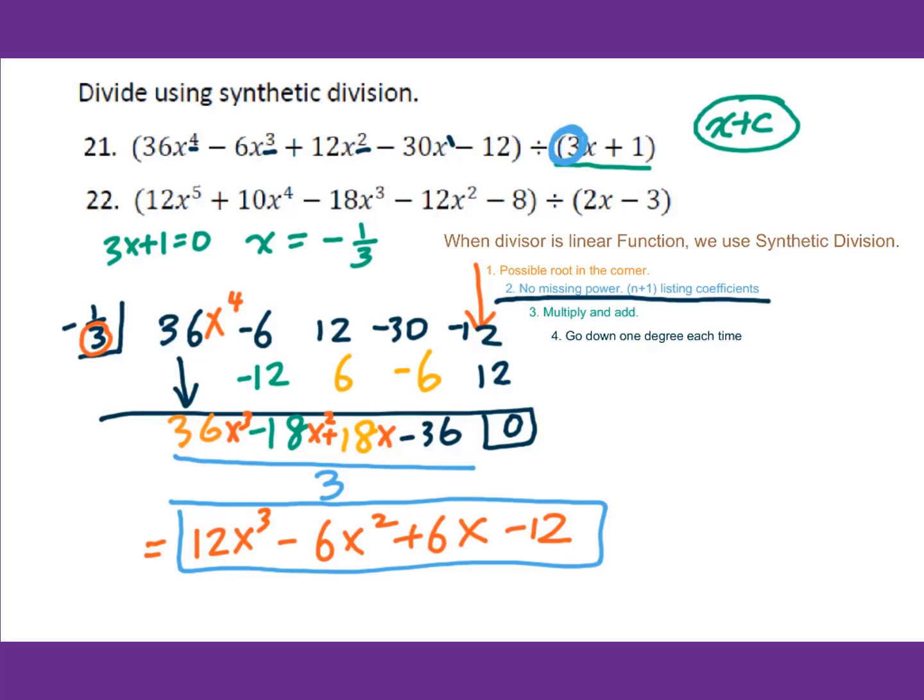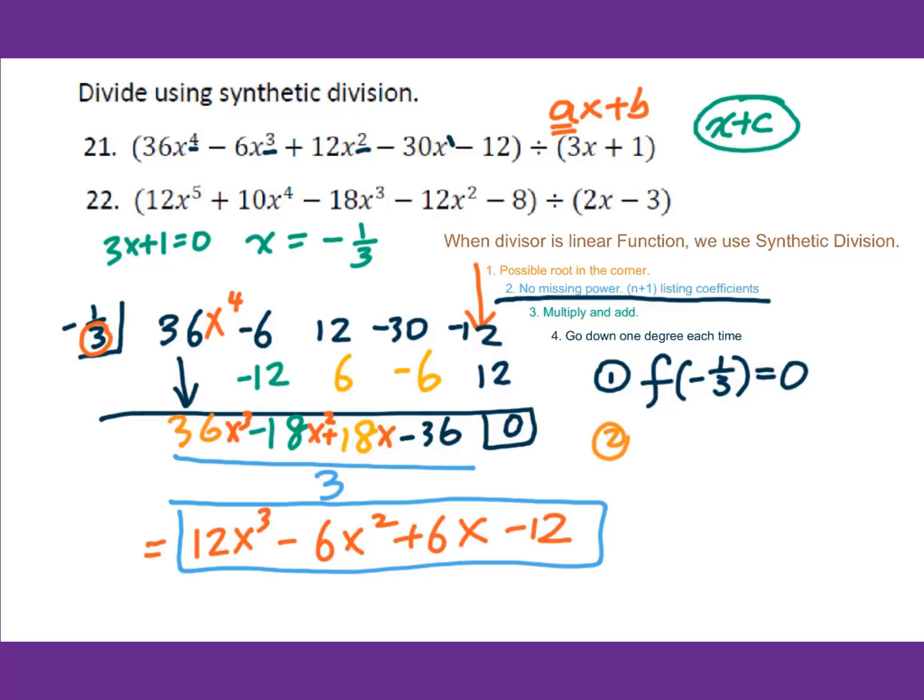Therefore, when the divisor is ax plus b, after you finish, you have to divide it by this a. Then that will be the quotient. Still, we got to get three conclusions. First of all, f of negative 1 over 3 equals 0.